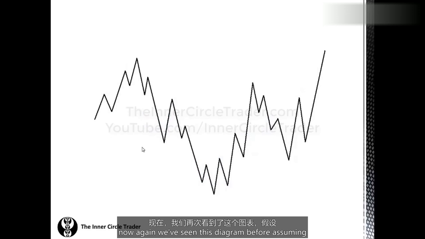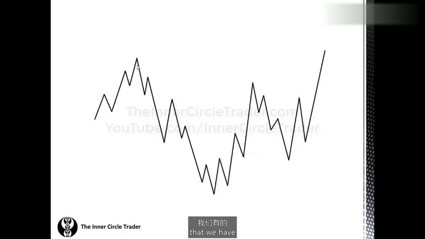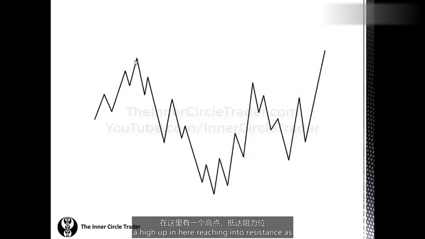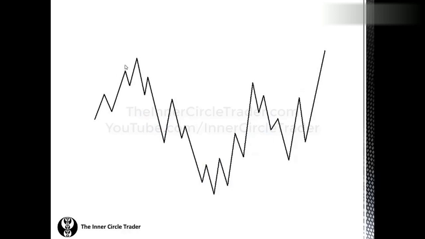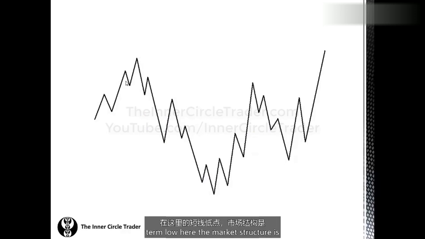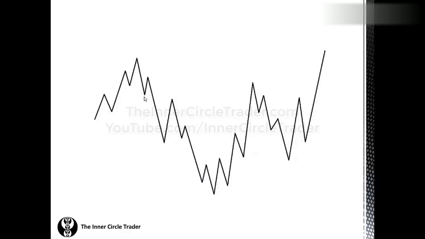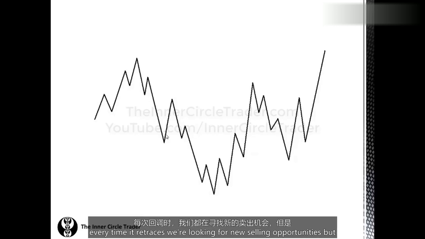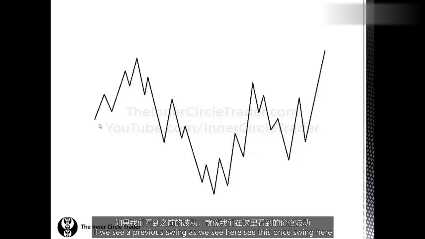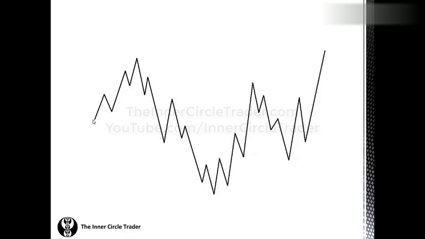Now, again, we've seen this diagram before. Assuming that we have a high up in here reaching into resistance, as price breaks this short-term low here, the market structure is broken. So as price starts to retrace, every time it retraces, we're looking for new selling opportunities. But if we see a previous swing, as we see here, see this price swing here?